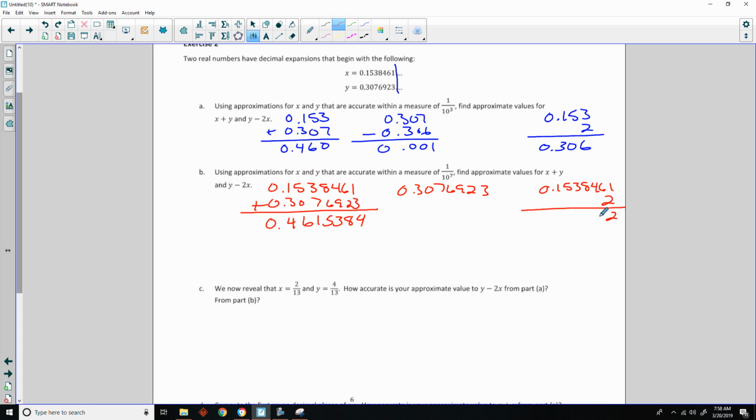So I'm now going to subtract 0.3076922, and that's going to give me 0.0000001. Okay, notice what happened here. This is 1/1000th, and this is 1/10,000,000th.